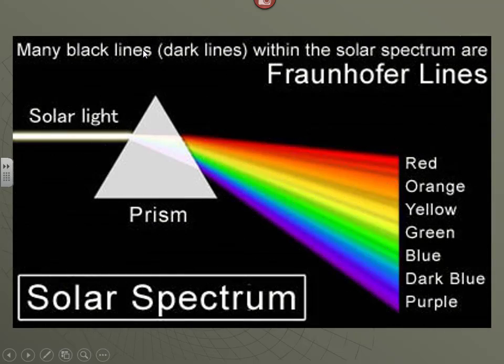When you take white light or light from the sun and you send it through a prism, it bends or refracts the light so that you see each of the colors on the other side. You see each of the colors because the prism is separating the colors by frequency. That means it also separates by wavelength. Red has the longest wavelength, so it's bent the least. Violet or purple has the shortest wavelength, so it's bent the most.